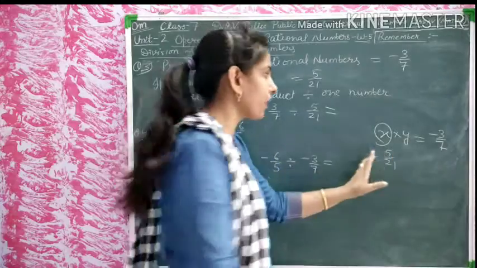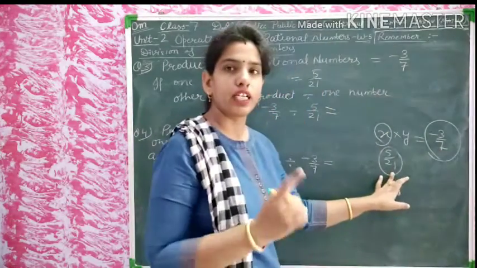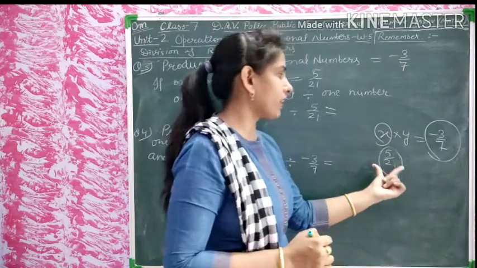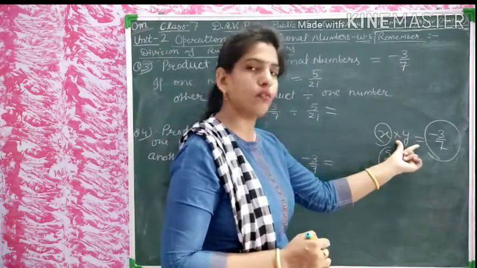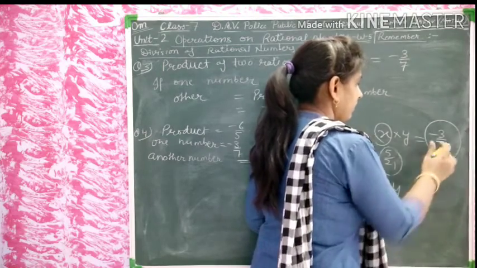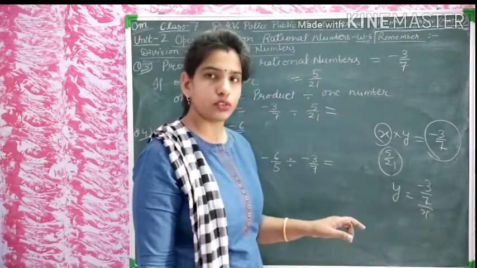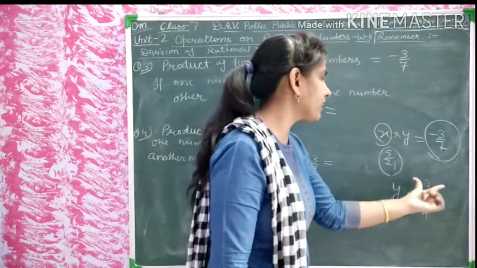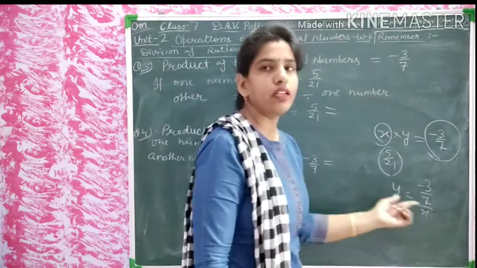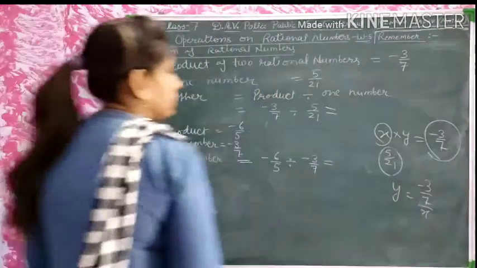To find the other number y, we divide the product by this number. We get y here because y is equal to minus 3 by 7 divided by this number. Is this clear, students? It means if we divide the product by one number, we get the other number. So we will divide here.